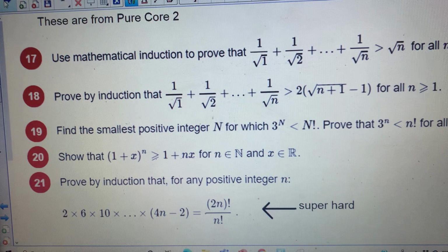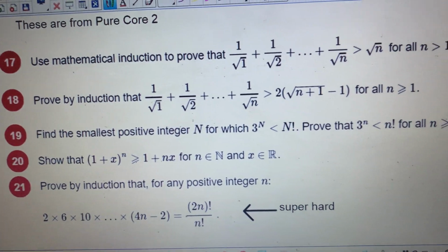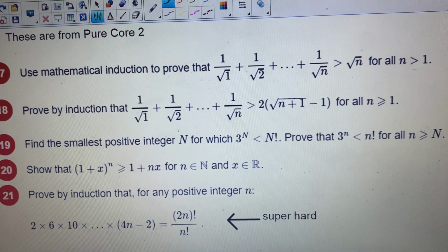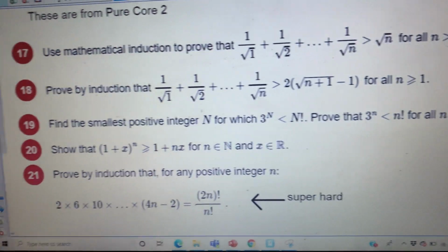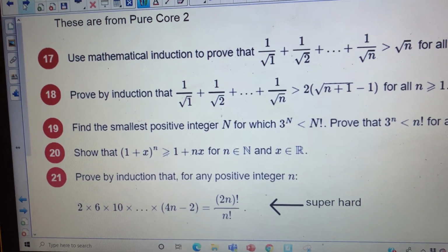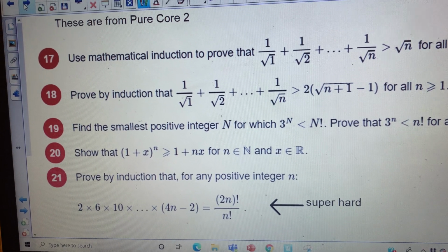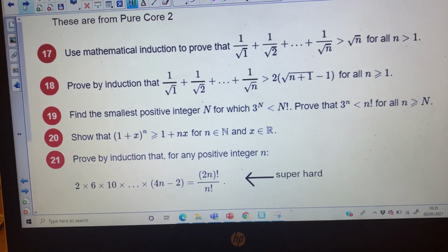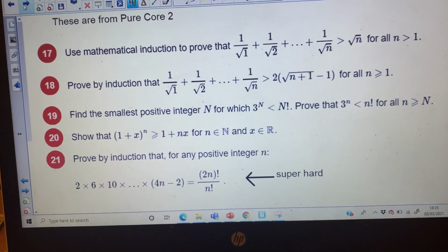Here are the questions. Again, they are from your Pure Core 2 textbook. Just move that slightly back so you can see it a little better. They're quite difficult.